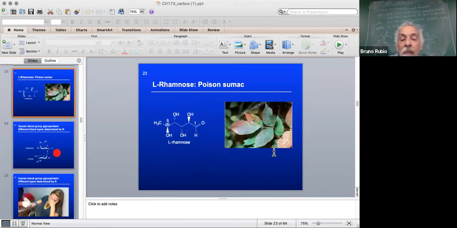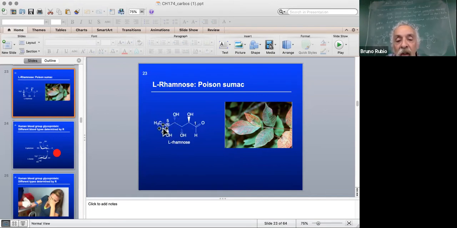And L-rhamnose, this is a carbohydrate that we find in poison sumac and also in poison ivy. So see that L-rhamnose is a 1, 2, 3, 4, 5, it's an aldohexose. I also see that carbon 6 here is deoxygenated, so it's a deoxy sugar.